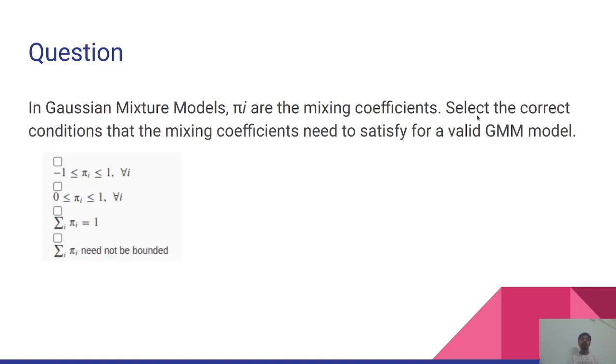Okay, so we have a Gaussian mixture model and pi i are the mixing coefficients. So we have 4 options, and you have to find out which among them are correct. There might be multiple correct options.